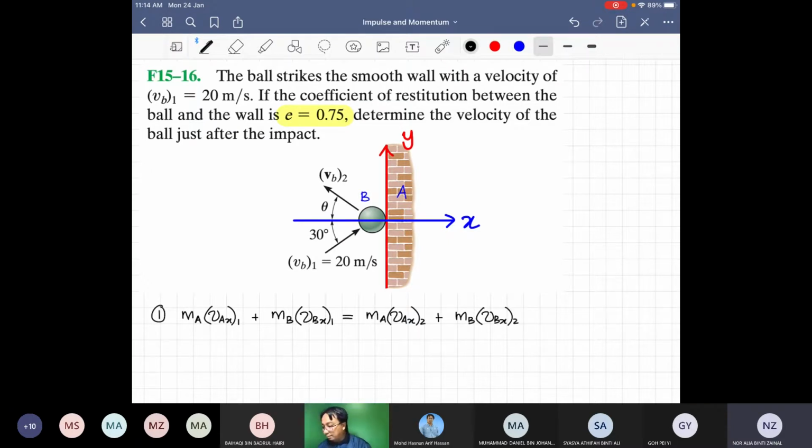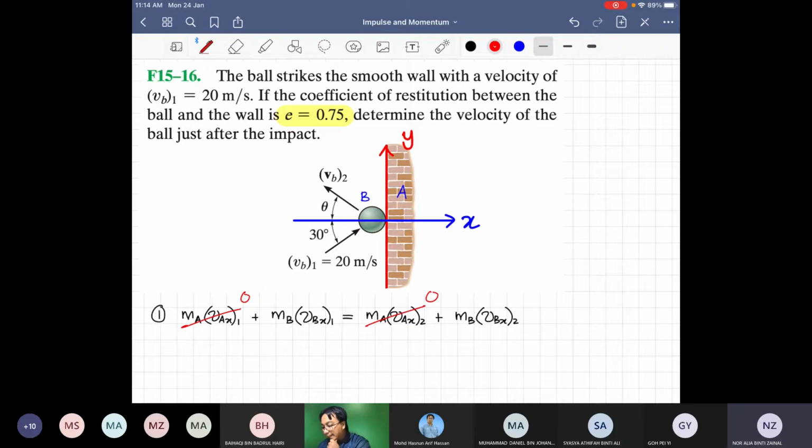Okay, so semua ni dalam x-axis sahaja. Okay, so kita tahu objek A tak bergerak. Sebelum impact tak bergerak, selepas impact pun tak bergerak. The wall is never moving. So this will be 0. This one will also be 0. Okay, VAX1, VAX2 memang tak bergerak.